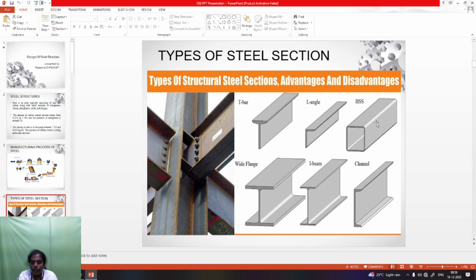Next is the I section, the wide flange section. The I section is mainly used in construction, acting as a column and as a beam. So the rolled I section is very, very important. This also consists of four different categories. Wide means the flange is wide, Indian Standard Wide Beam, ISWB.